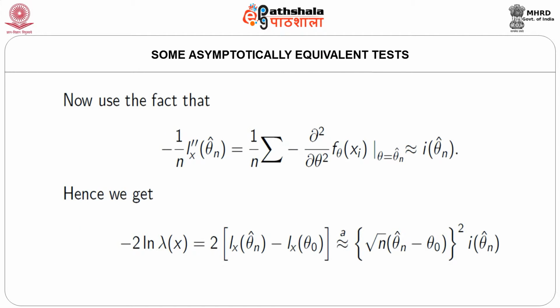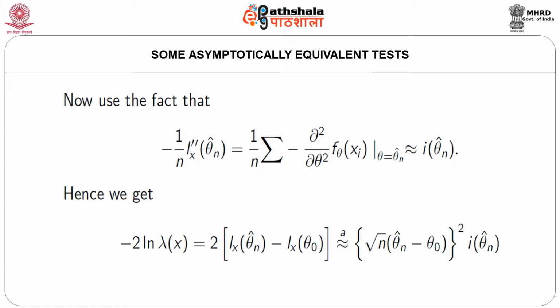Now use the fact that minus 1 by n small lx double prime theta n hat, which is actually equal to 1 by n sum over i of minus del square del theta square of the PMF or PDF f theta xi at theta equal to theta n hat, is equivalent to I function at theta n hat, where I denotes Fisher's information.